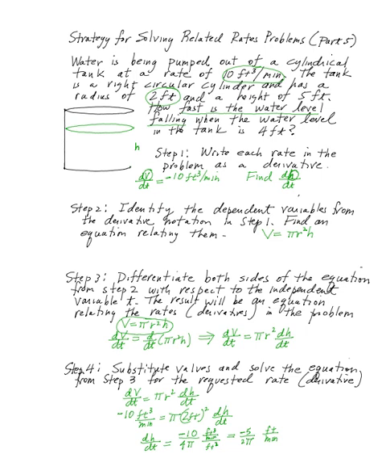If I had used product rule, I would have gotten dV dt equal pi, the first, r squared, times the second, dh dt, plus the second, h, times the derivative of the first. That would be 2r dr dt.